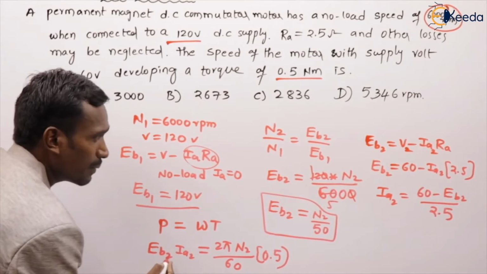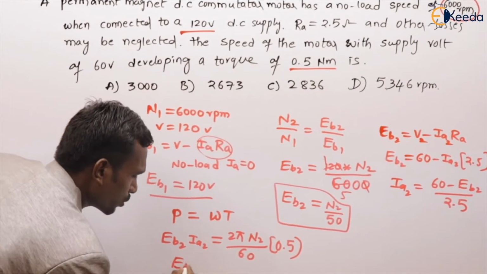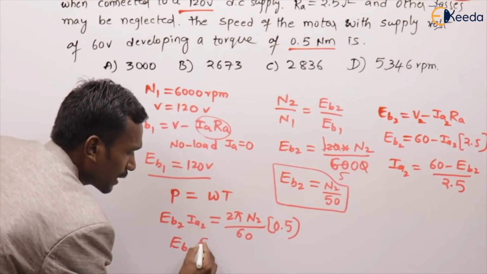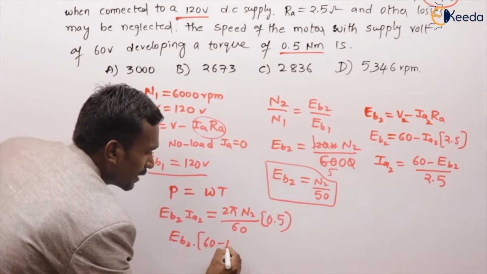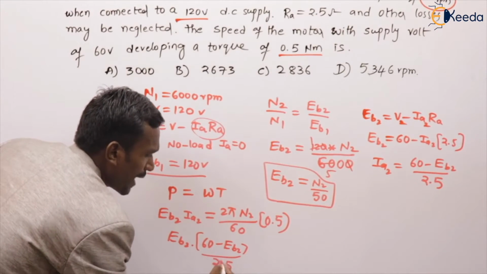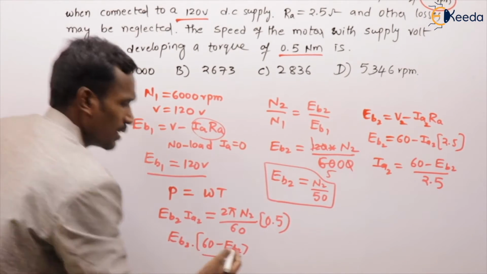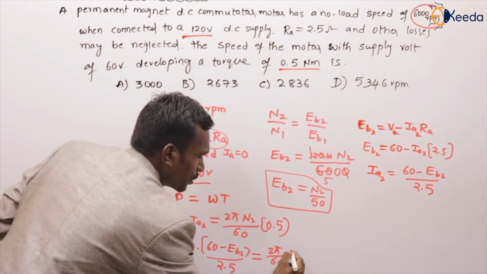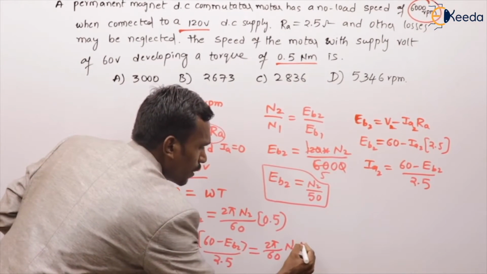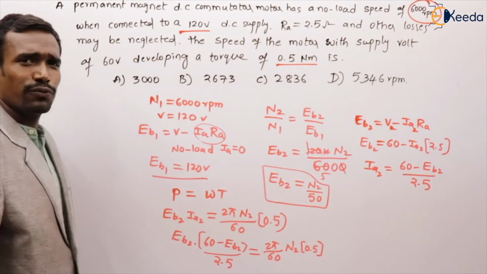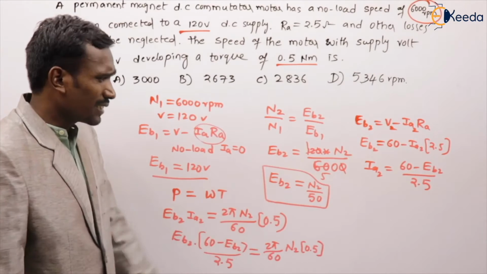Now tell me what is EB2? EB2 is EB2 only. Next, what is IA? IA2 is equal to (60 minus EB2) divided by 2.5, which is equal to 2 pi by 60 into N2 into 0.5.